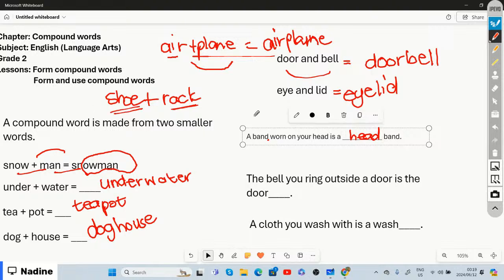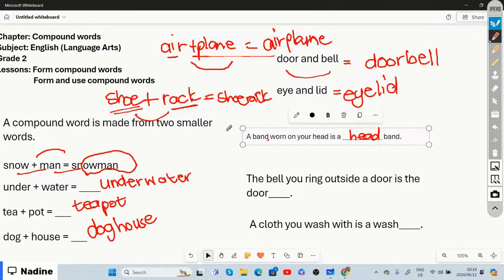Shoes is something specific. But if we put those two words together, it is a shoe rack, which is a rack for shoes. So shoe rack is correct. Yes, well done.